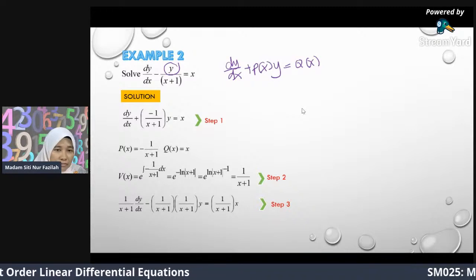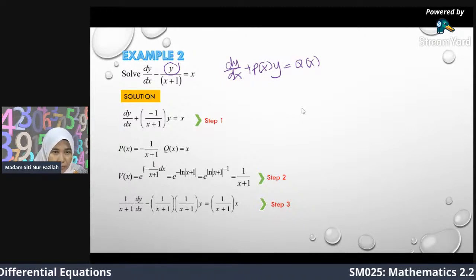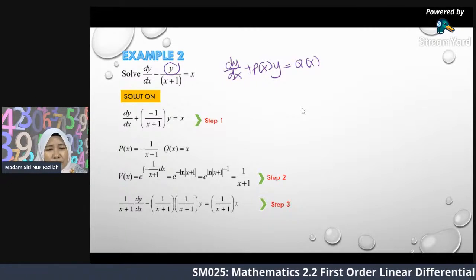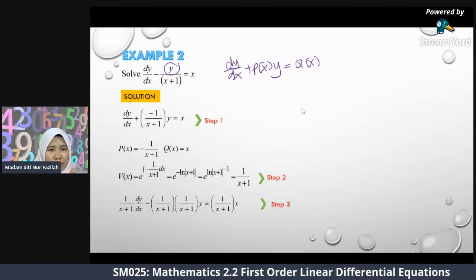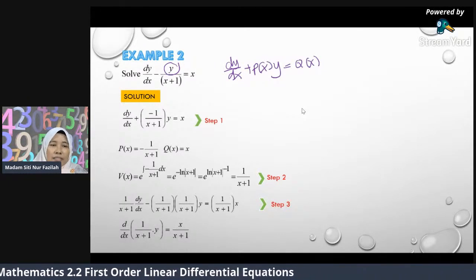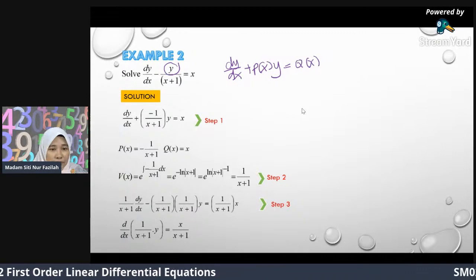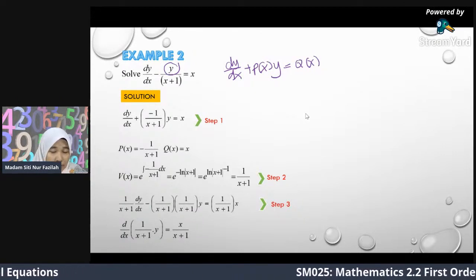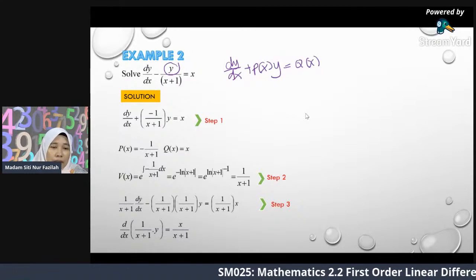Be careful for step 4. We need to rewrite d over dx of vxy. What is vx? Vx is 1 over x plus 1 and then the variable y.